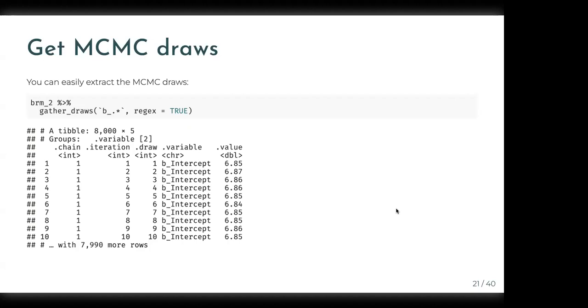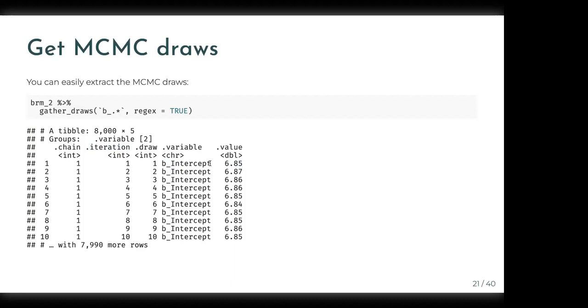So you can actually see, for each chain, this is chain 1, and for each iteration within each chain, what value that specific iteration has picked for the different parameters. And this is the value for the intercept.